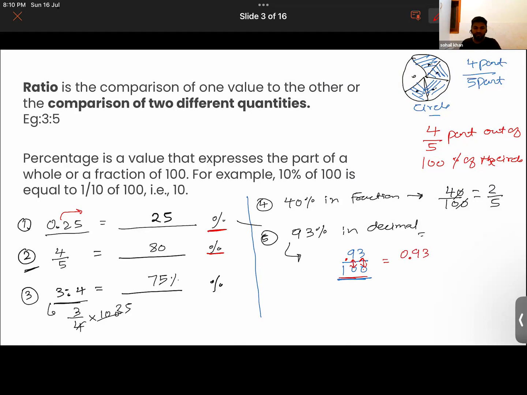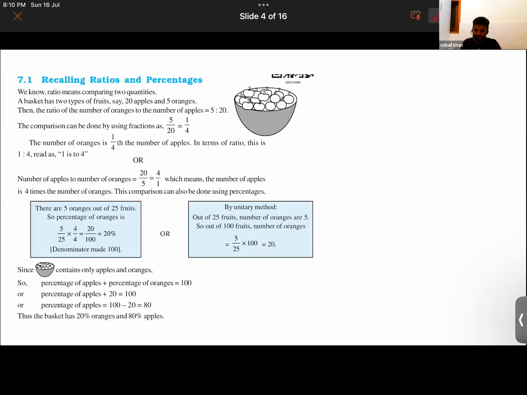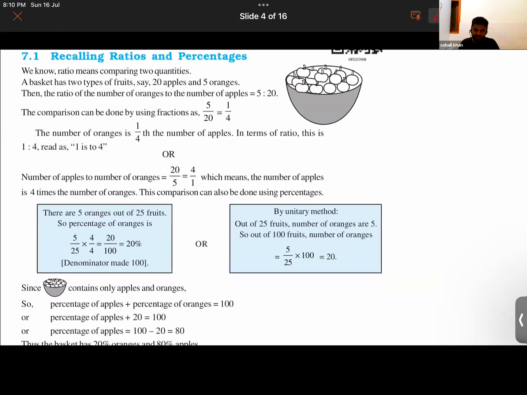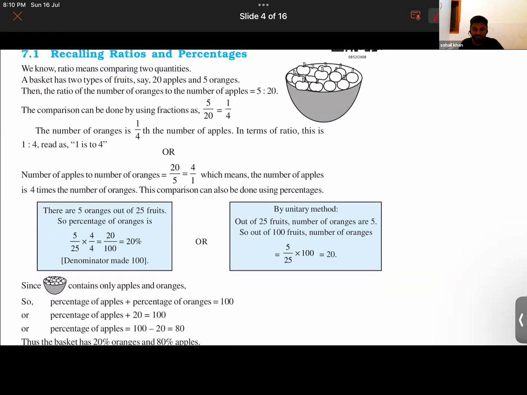Okay, now let's move ahead. Some more questions for you guys. A basket has two types of fruits: 20 apples and 5 oranges. So the ratio of oranges to apples will be simply 5:20.